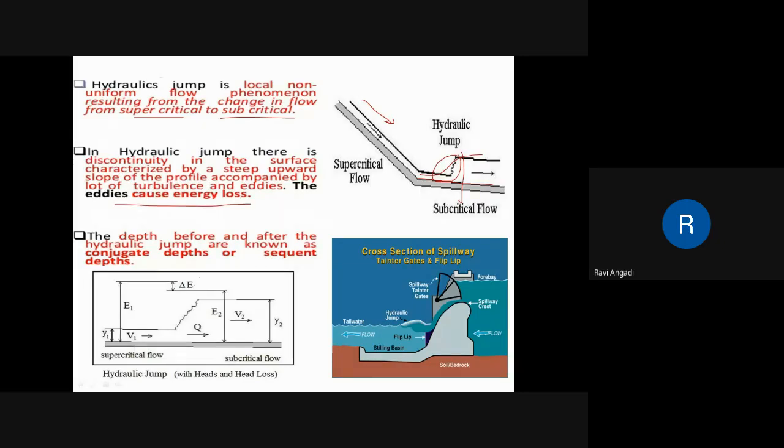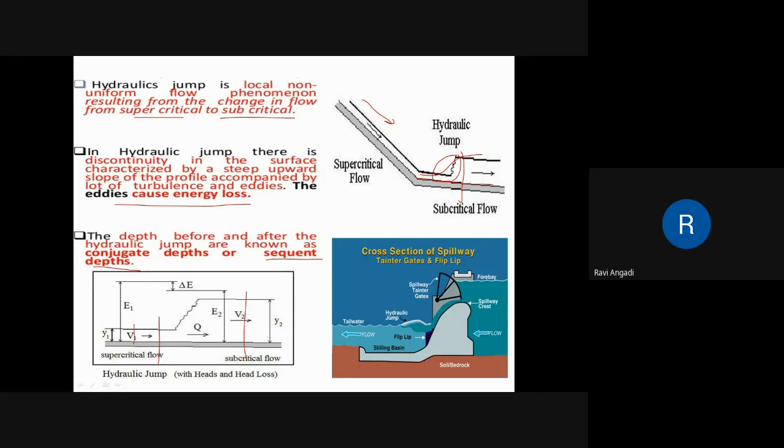The depths before and after the hydraulic jump are known as conjugate depths, or sequent depths. Next, we are going to derive this: the derivation of conjugate depths or sequent depths. See here, one depth before the jump and one depth after the jump.